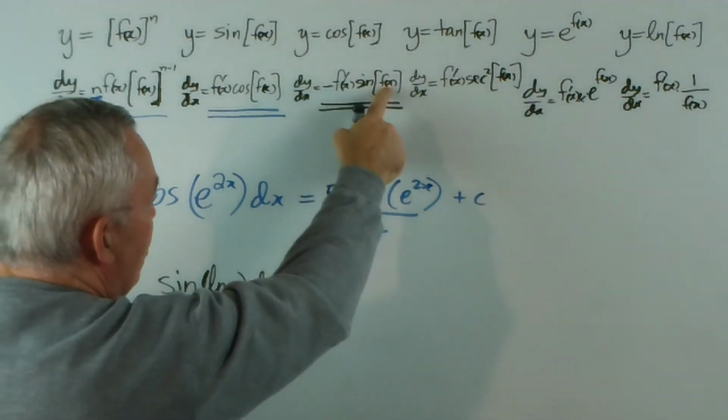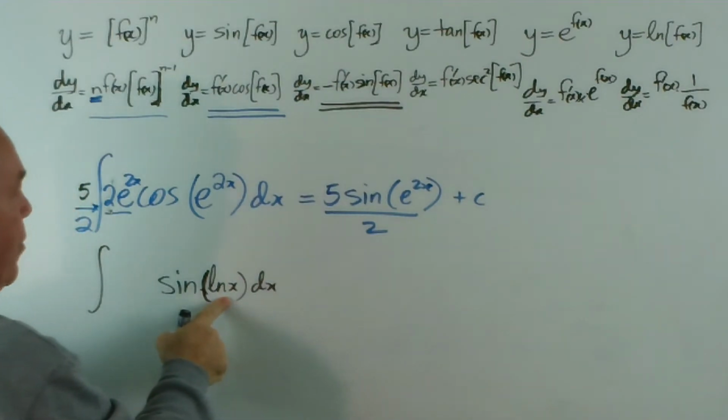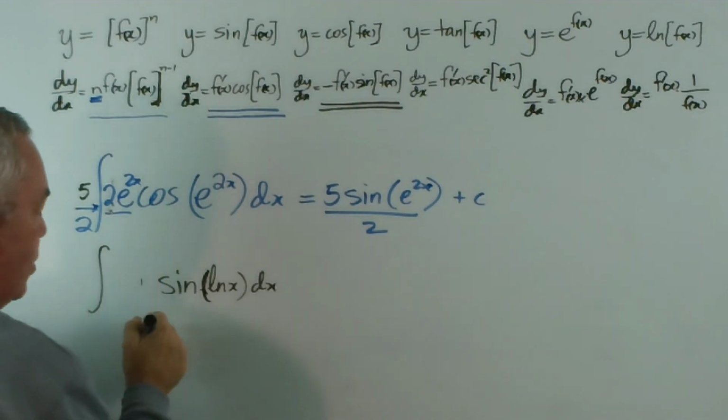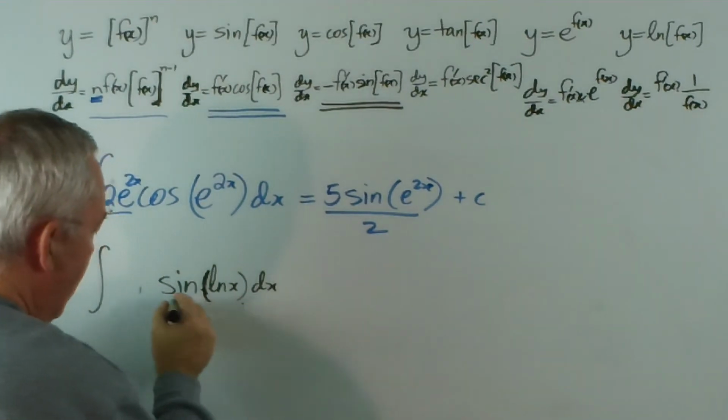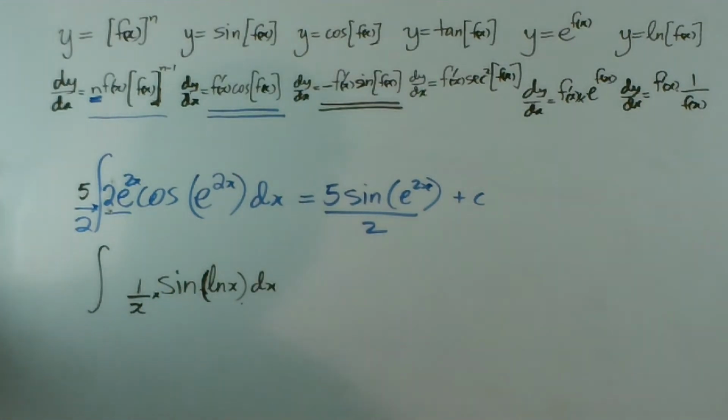Now, what is the derivative of the function inside? What's the derivative of log x? It's 1 over x. That's what I would love to see out the front. 1 over x, or sometimes it would be written all over x, but I'll put the 1 on x out the front. And that would be our pure pattern.